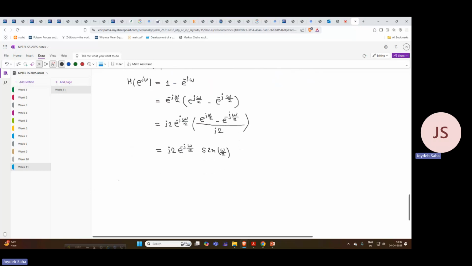Okay, so mod of H of e to the power j omega is equal to 2 sine omega by 2.